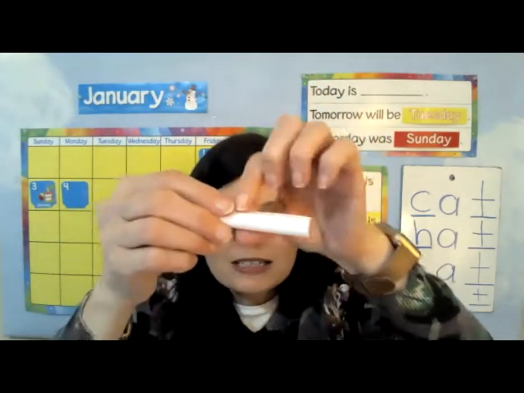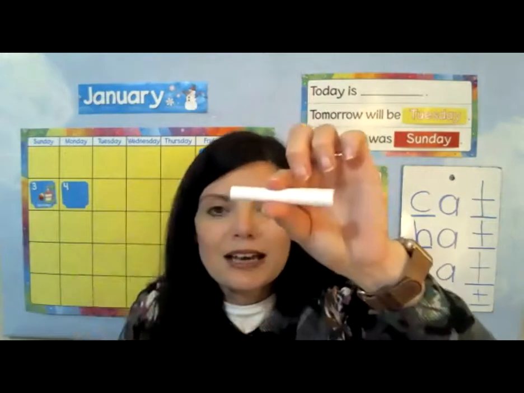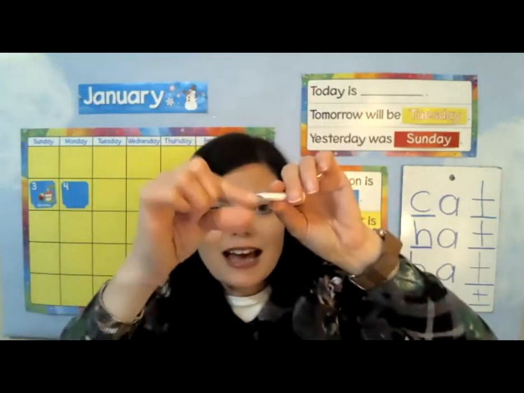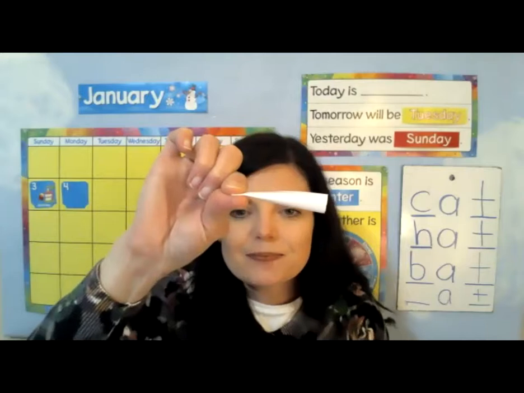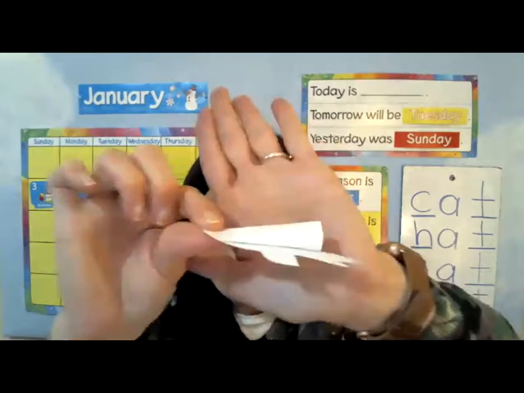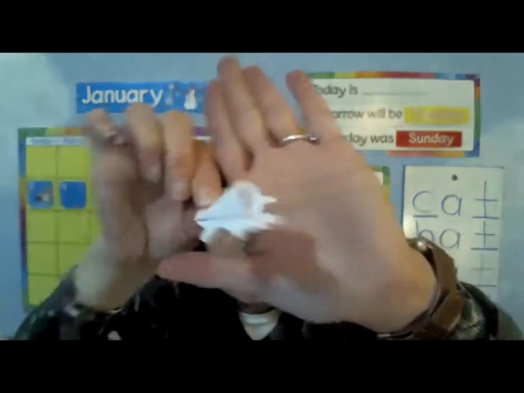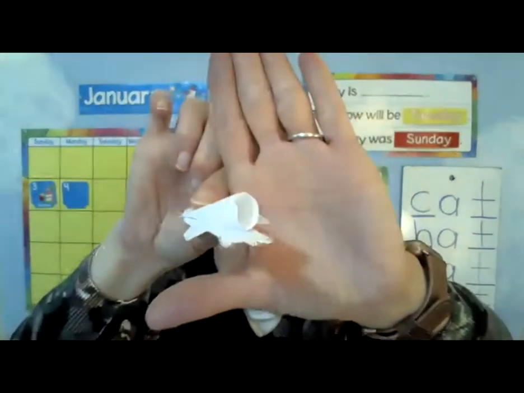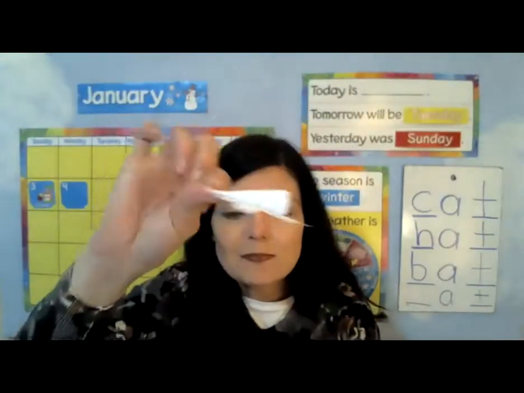Okay, so you're going to secure that with some glue, and then squish one end of it just like that, and glue or tape it so that it's closed down. So you're going to glue it to the back of the little rocket ship. See, there's the tube. It's squished on one end. You're just going to glue that onto the rocket ship.